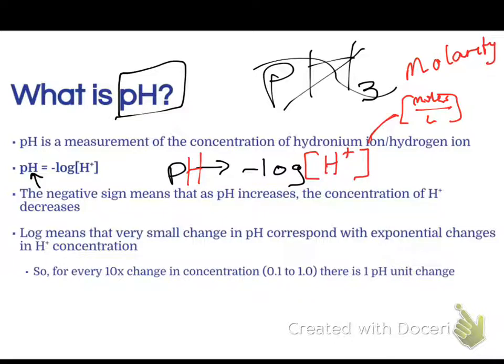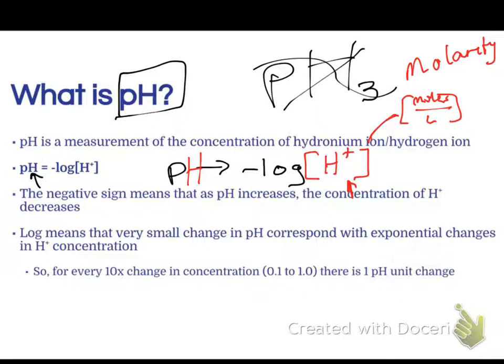So whenever we're talking about pH, if we know the molarity of the hydrogen ion, I can calculate pH. All right, and so what's interesting about this pH scale is that very small changes in the pH correspond to a really big change in H+.